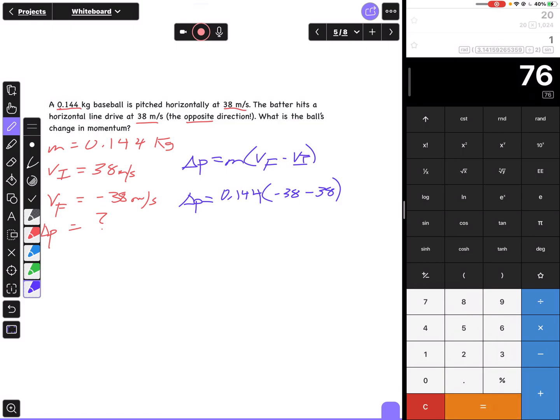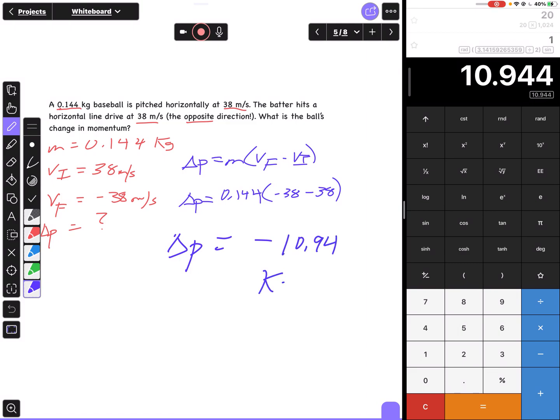So negative 38 minus 38 would be negative 76, and then multiply that times 0.144. And now we get 10.94. So my delta P would equal negative 10.94.